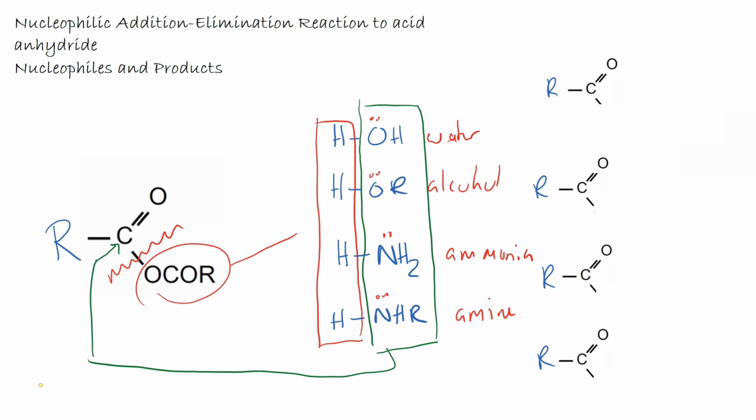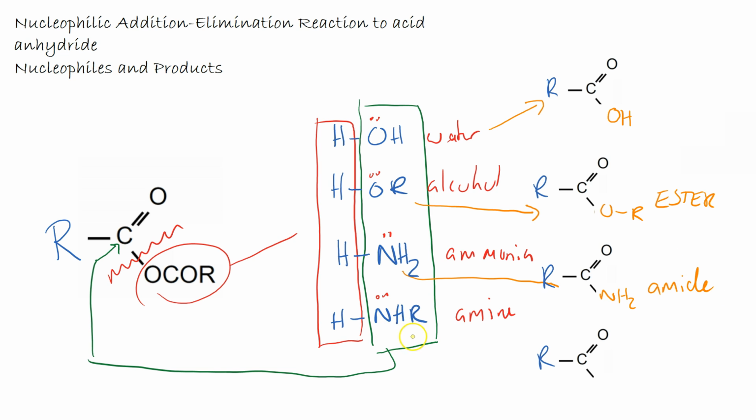And so once again what we find is that with water our product becomes a carboxylic acid. If we use an alcohol, we have OR bonded, and so we form the ester. If we have NH3, then we form the amide.